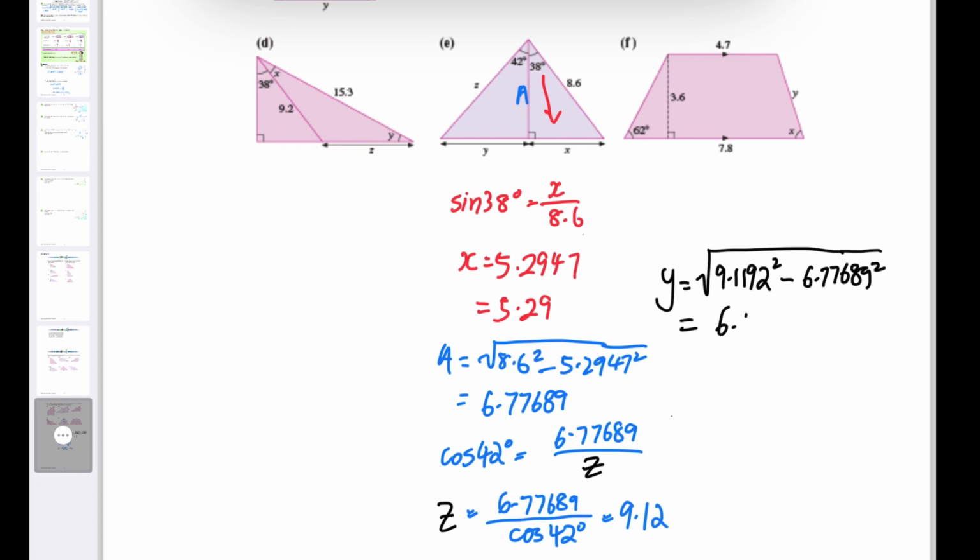Okay, that would be 6.101, which is 6.10 to 3SF. Okay, and that is my final answer for x, y, and z.